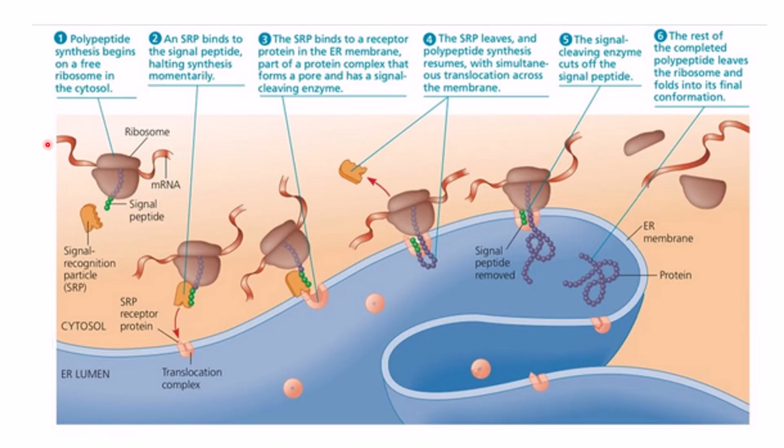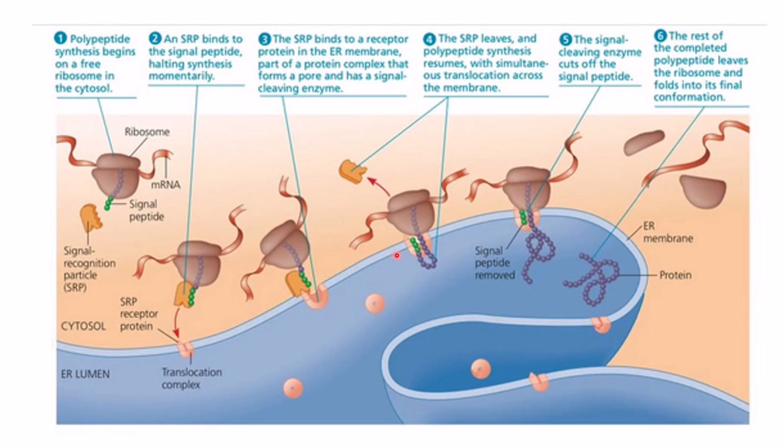Okay, you have to remember that point. Now what will this SRP do? It will go and bind to the SRP receptor on the endoplasmic reticulum membrane, and after binding, the SRP will dissociate off, and the synthesis of the polypeptide will start again, and it will enter into the translocation channel of the endoplasmic reticulum membrane.